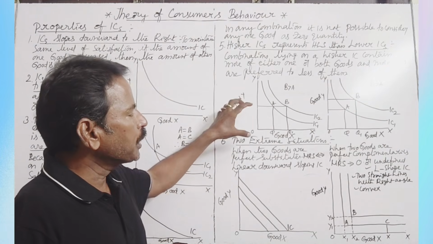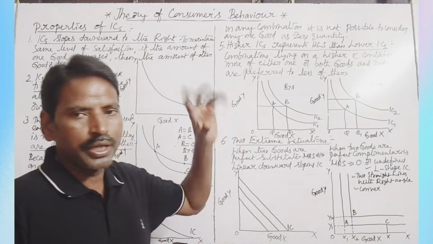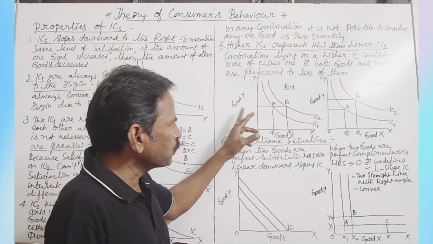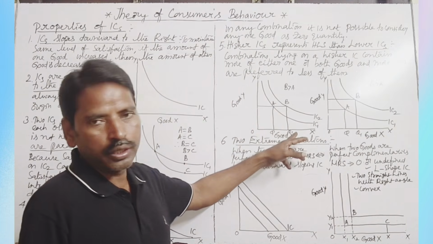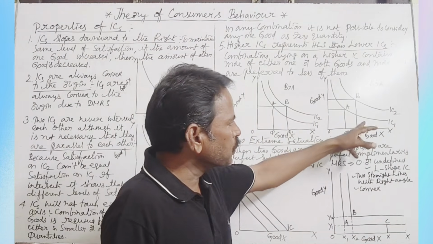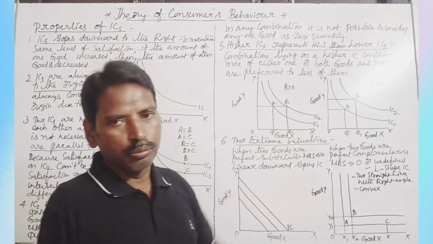If we observe both diagrams, diagram A shows more of one commodity, and diagram B shows more of both commodities.